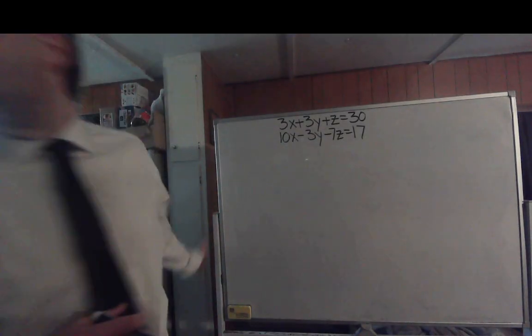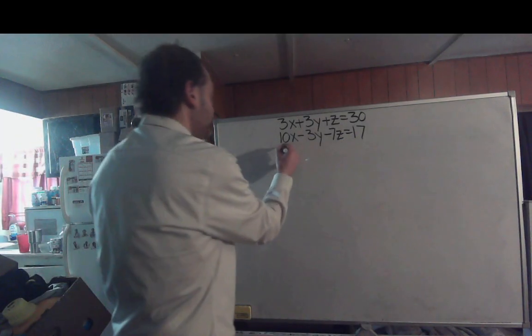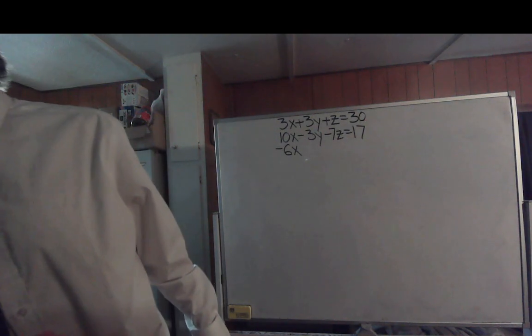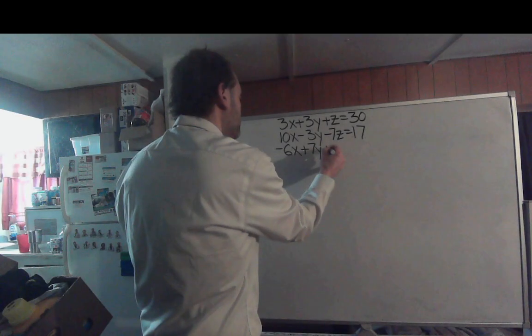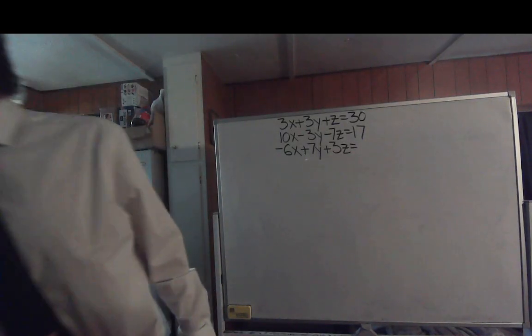Then we can come up with negative 6x plus 7y plus 3z is equal to negative 49.